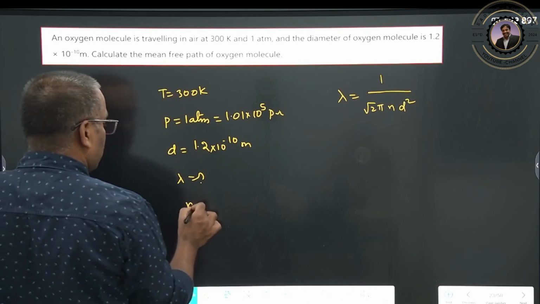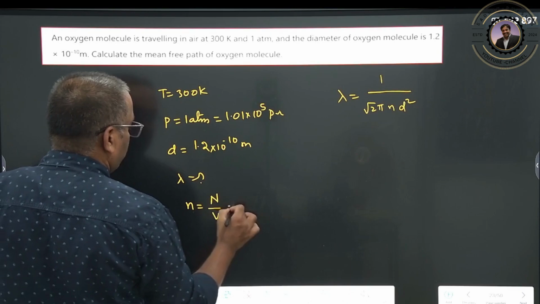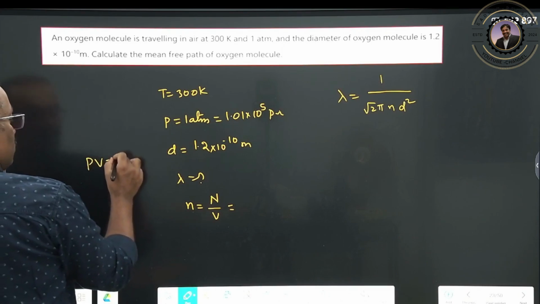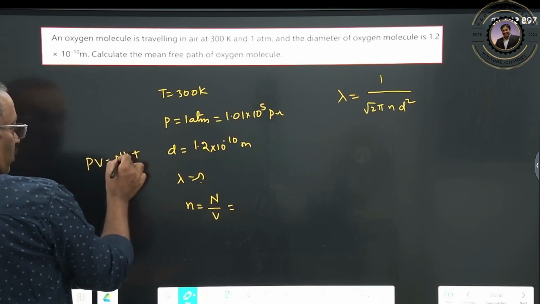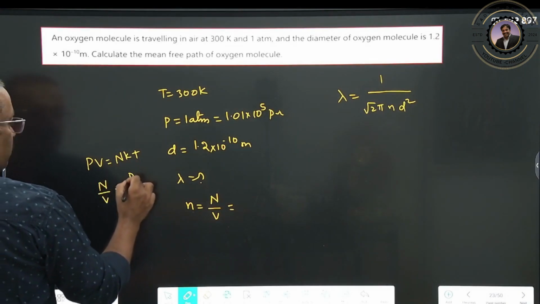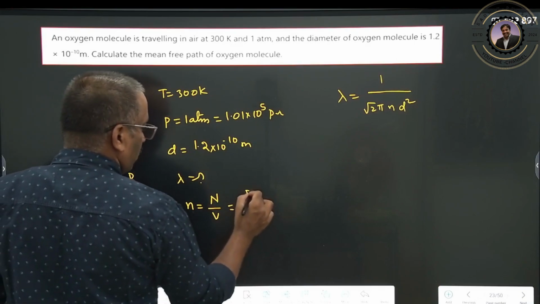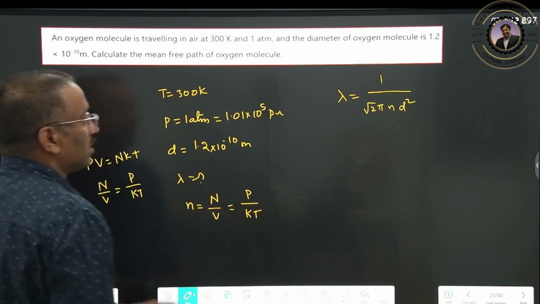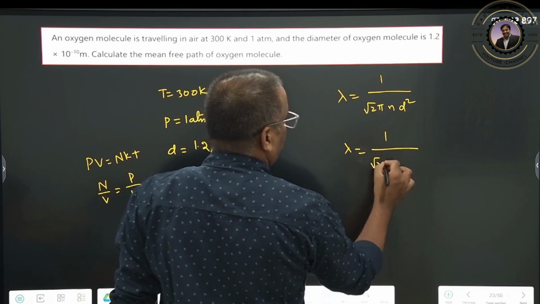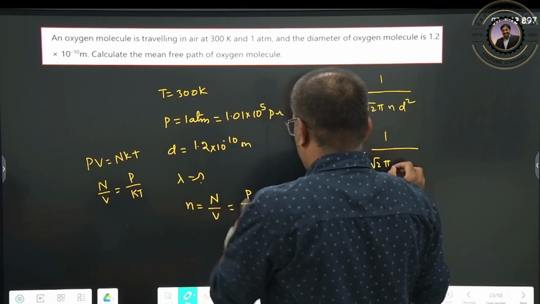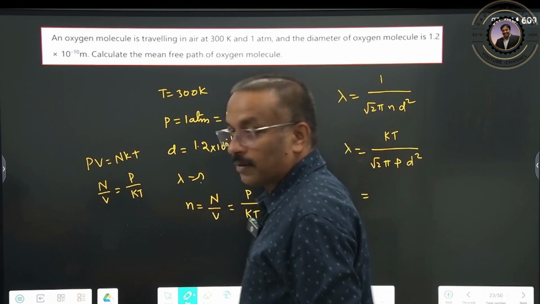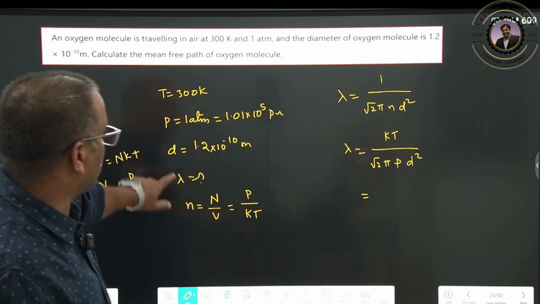You know that PV is equal to NkT, so n by V can be written as P by kT. Now we can substitute: 1 by root 2 into pi into P by kT, by d square, which gives kT by root 2 pi P d square.